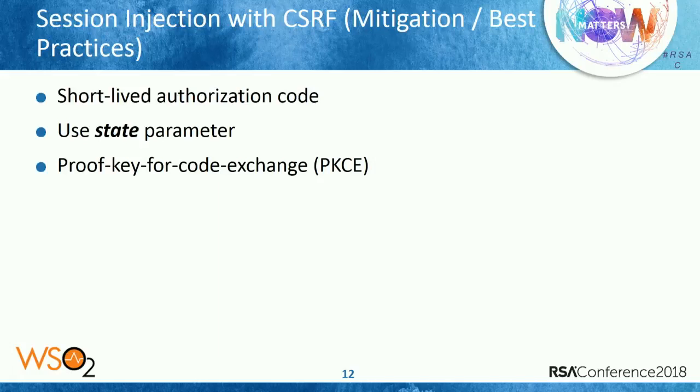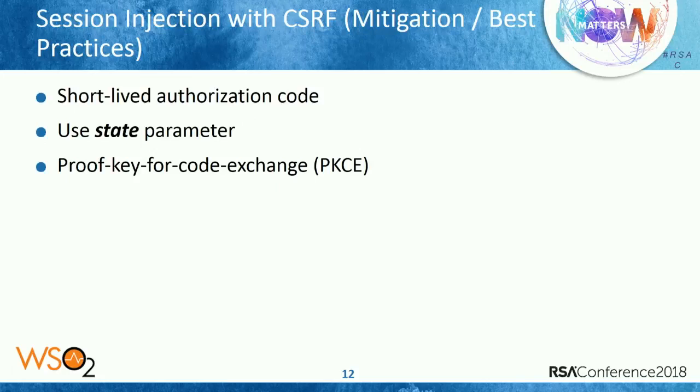The third approach is to use PKCE, or Proof Key for Code Exchange. This is an RFC introduced mostly targeting native mobile apps. The way this works is, just like in the state parameter scenario, the client application first generates a random value, right? And this value is called the code verifier. Then you store this value in the user session.